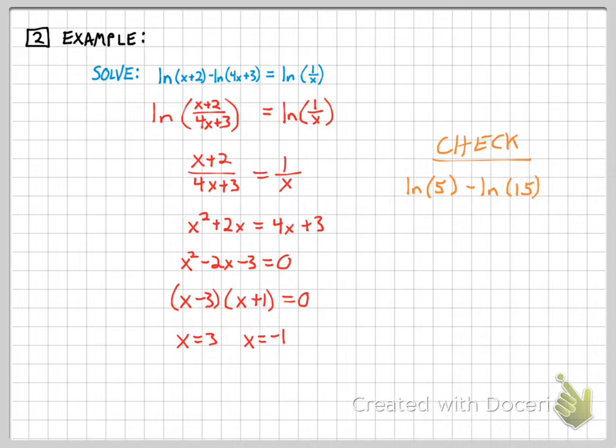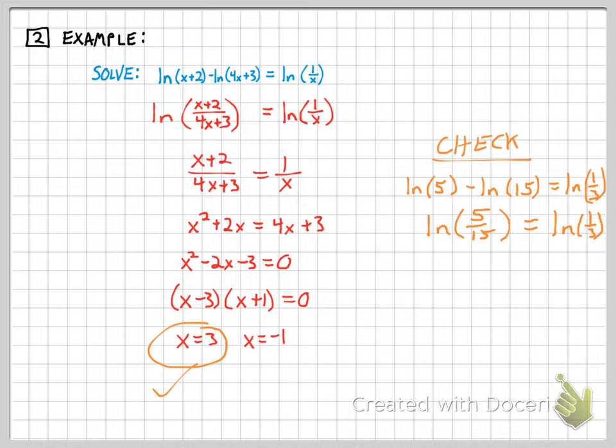And on the right side of the equation, I would have log of 1/3. You could either punch these in on your calculator to see if they are in fact equal, or you could use your properties and realize that this is really log of 5/15 when you condense it. And log of 5/15 and log of 1/3 is in fact the same thing. So this one checks. I'm going to circle x equals 3 as definitely a solution.